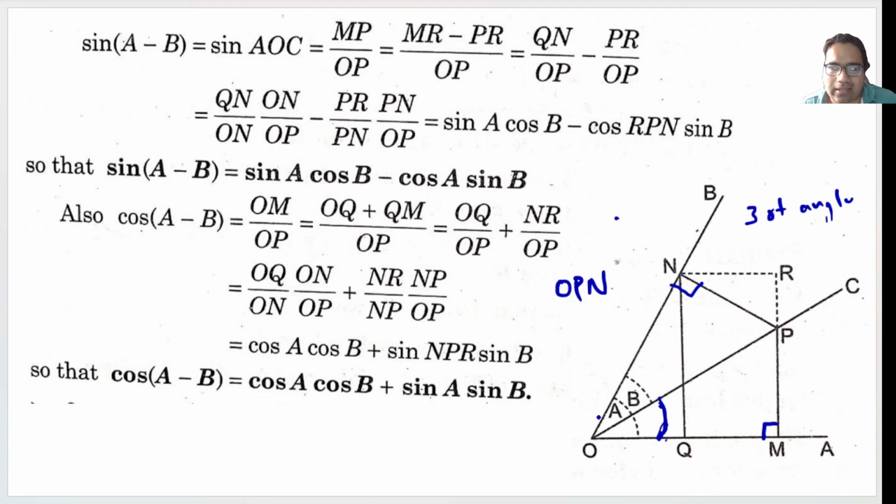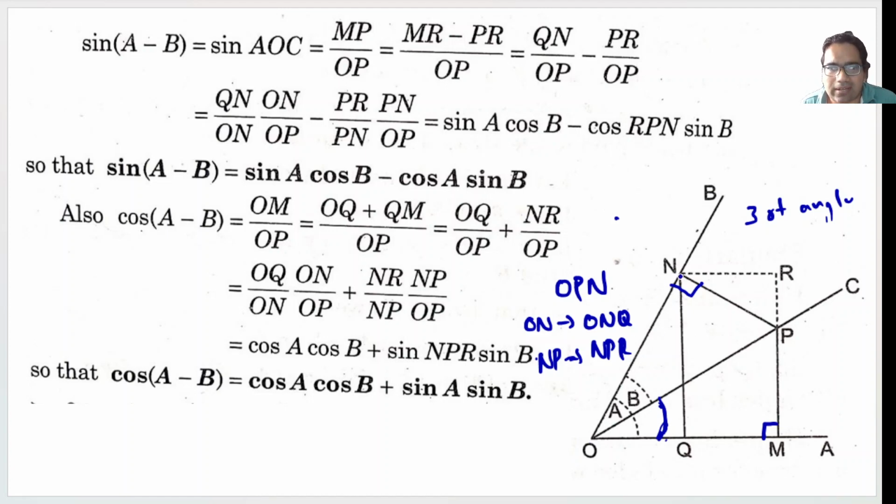With leg ON, we have ONQ. Similarly, with leg NP, with this leg as hypotenuse, we have NPR. Basically, this big mother triangle OPN has OP as the hypotenuse and two legs.